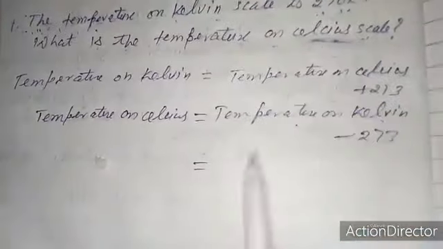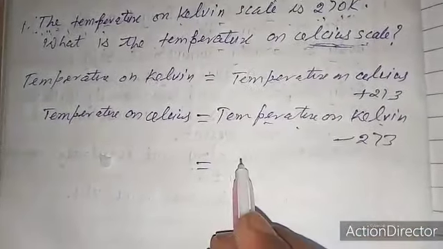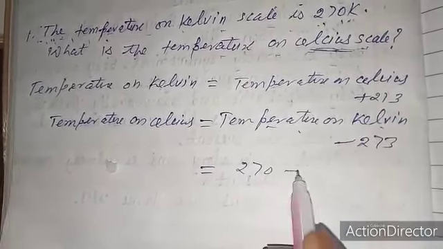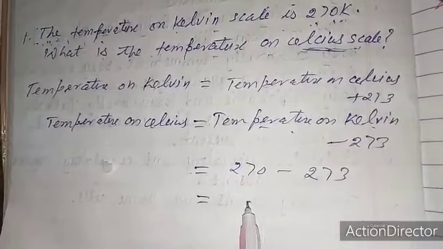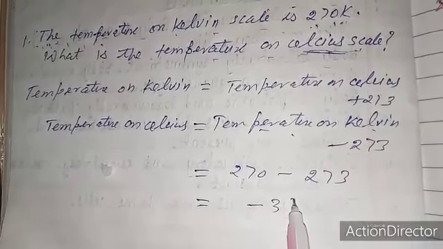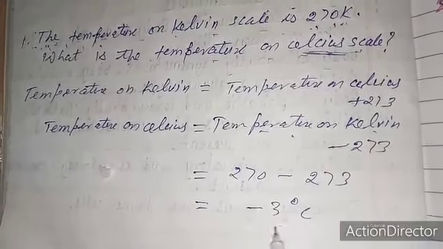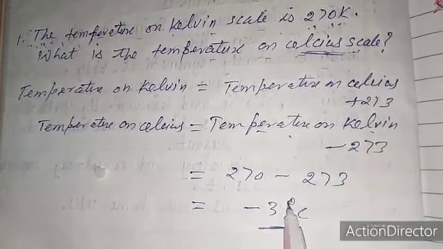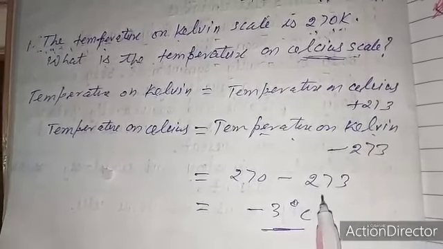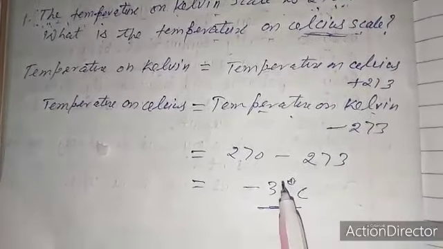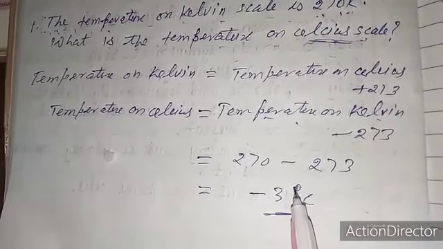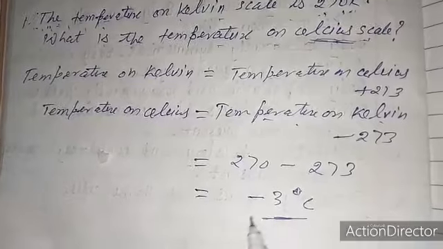Put the value: 270 minus 273 is equal to minus 3 degree Celsius. In this way we convert Kelvin into Celsius and Celsius into Kelvin.